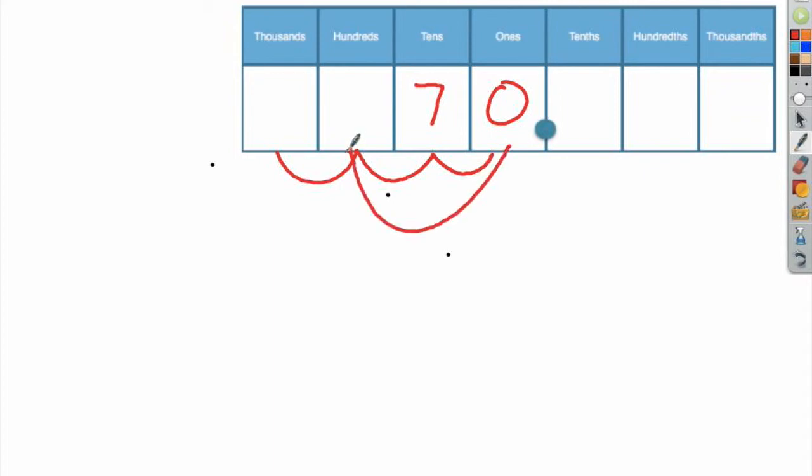If I wanted to go from the ones place to the next place over, what would I multiply by? 10. If I wanted to go from the ones place to the last, what would I multiply by? 1,000. I'd multiply by 1,000.